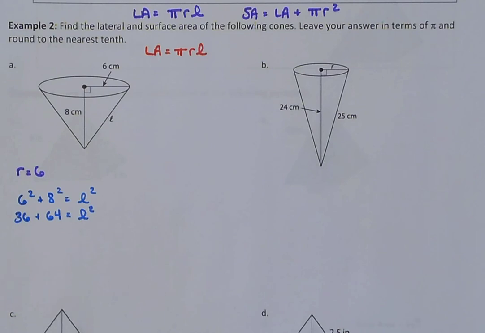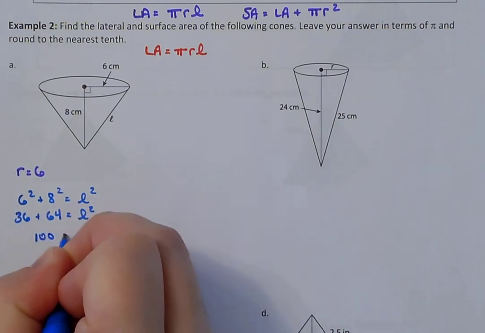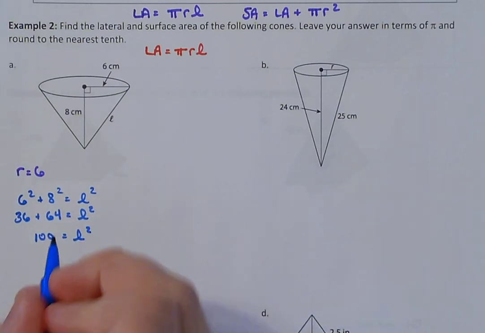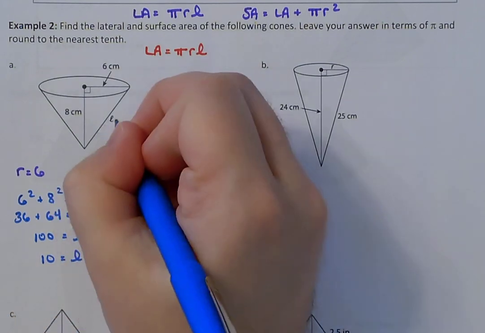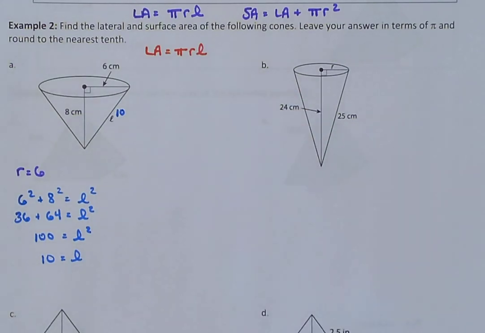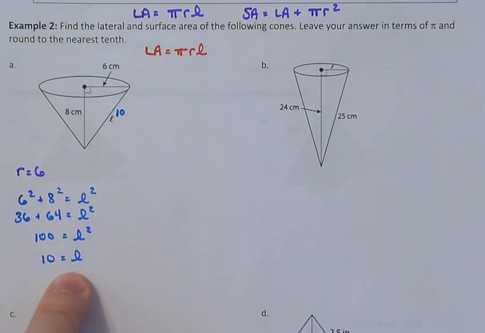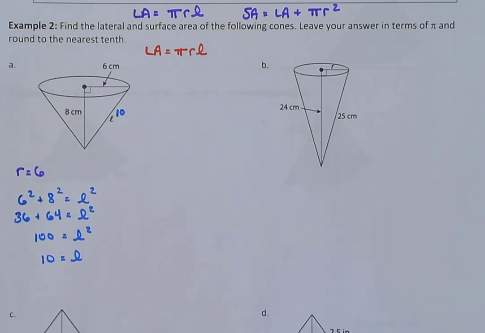If we add 36 and 64, we get 100. If we take the square root of 100, we get 10. So we now know our slant height to be 10. We know our r and our L value, which are the two things we need for our lateral area.